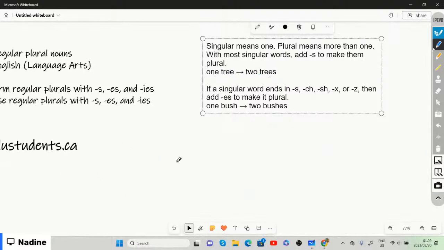All right. So also, if a singular word ends in S, CH, which is ch, or SH, which is like sh, or if it ends in X or Z, then we add ES to make it plural.